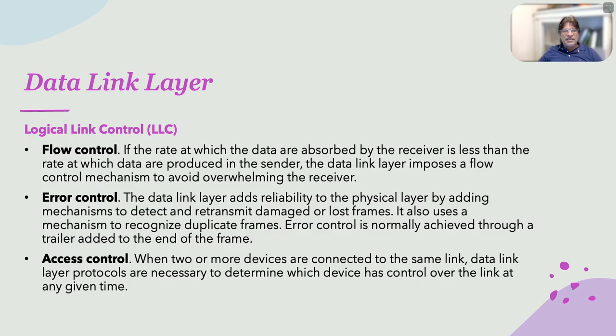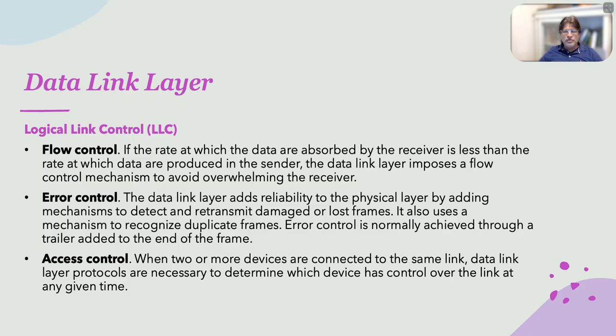Then there is the data link layer, right? The other portion of the data link layer we mentioned was the logical link control. This logical link control is responsible for flow control, error control, and access control.